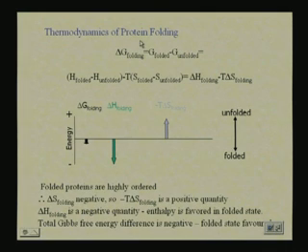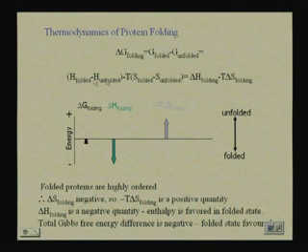Okay, thermodynamics of protein folding. Now, what we have here is, if we consider the delta G of folding, we have the initial part, which is an unfolded part, and a final part, which is the folded part. Okay? So, when we are considering the delta G, we go from an initial unfolded form to a final folded native structure. So, the delta G is G final, that is G folded, minus G initial, that is G unfolded.